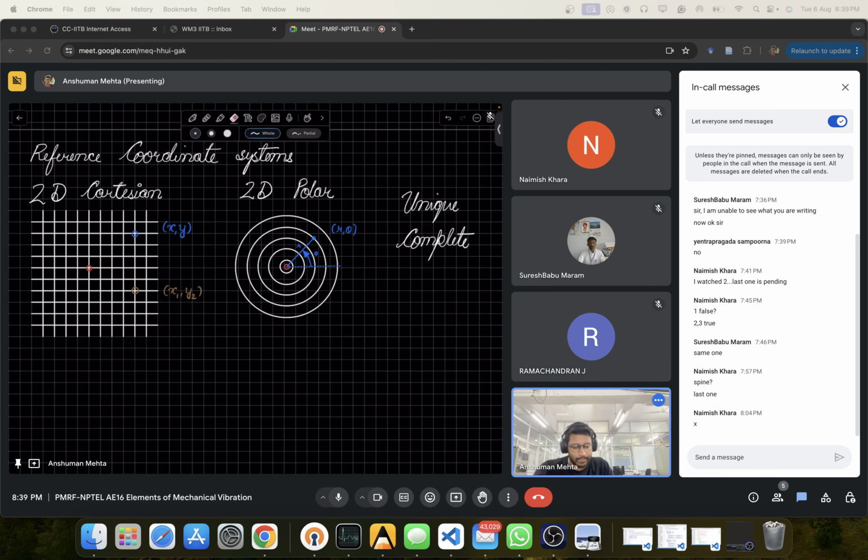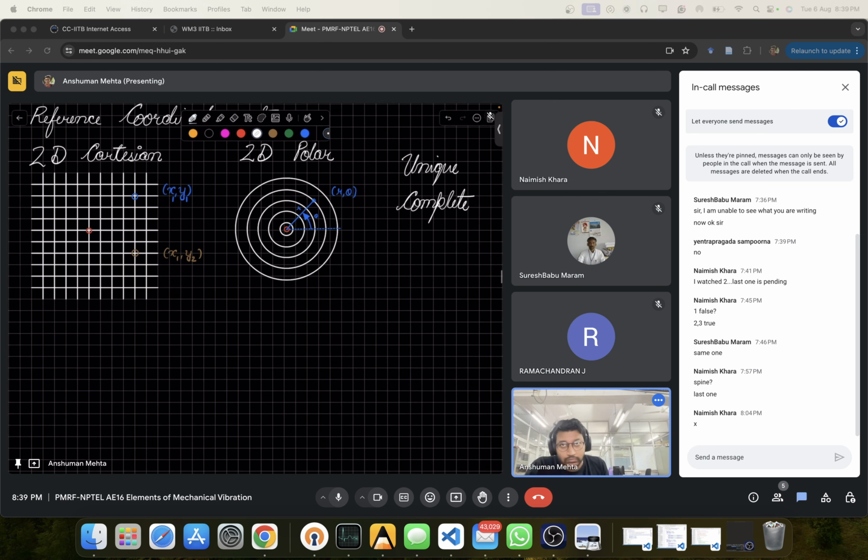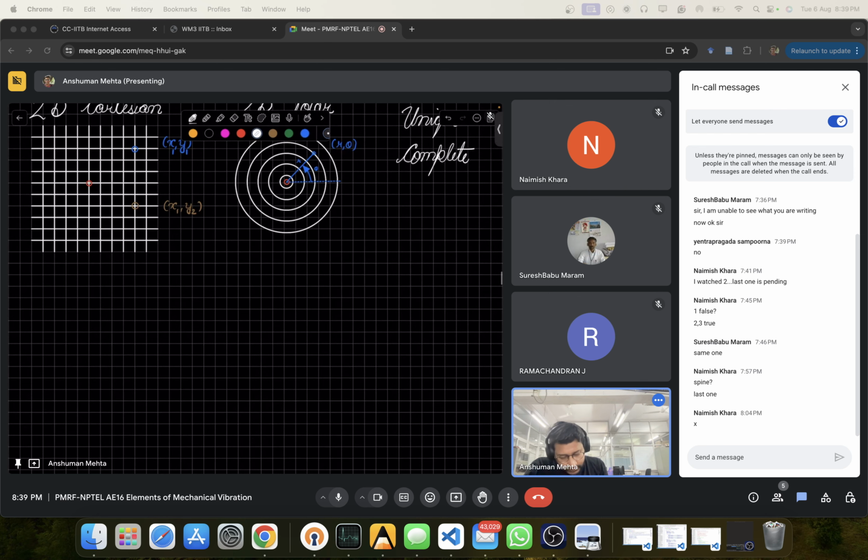That is what unique means. And complete means all the points have to be defined. So coordinates are mutually independent functions of time.